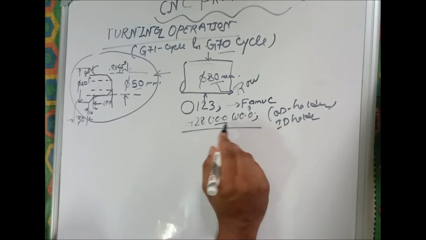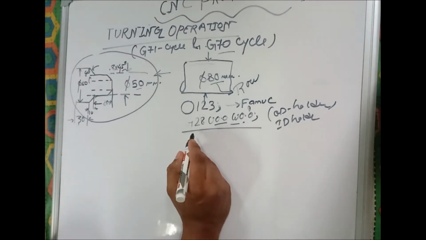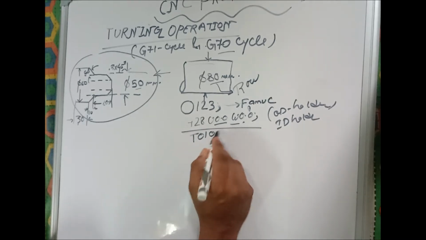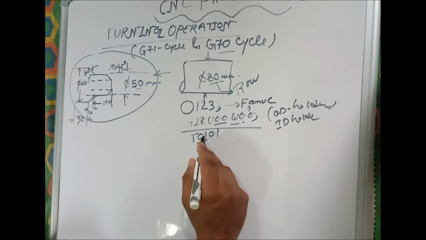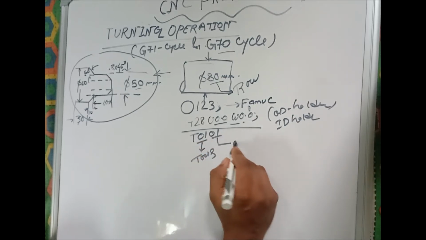And the tool whatever you will use, suppose you are using tool number 1 and offset number 1. So T01: 01 represents the tool and 01 represents the offset.